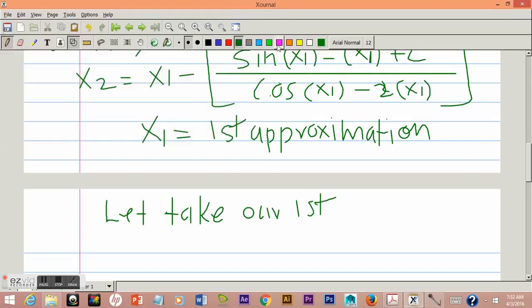So we are taking 1. Therefore x1 is equal to 1. Then we'll substitute x1 is equal to 1 in this equation.